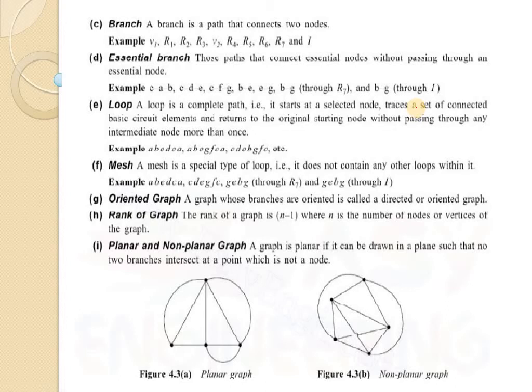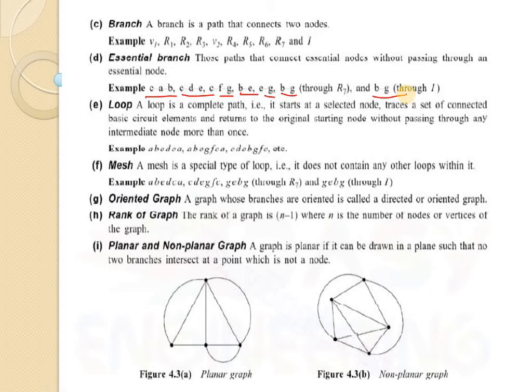Now we have to point out the essential branches. Those are paths that connect essential nodes without passing through an essential node. Like CAB, this is our essential branch, then CDE, then CFG, BE, EG, BG and VD through I. These are all the essential branches.